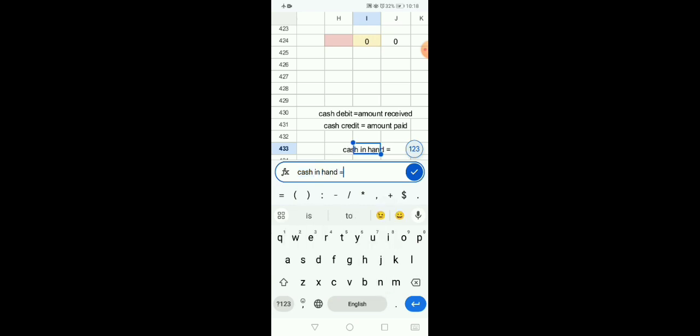How you will get cash in hand? When amount is received, you will subtract amount paid from amount received.